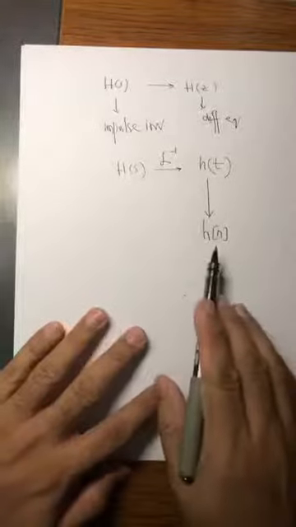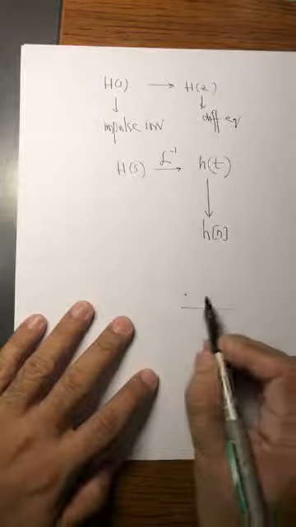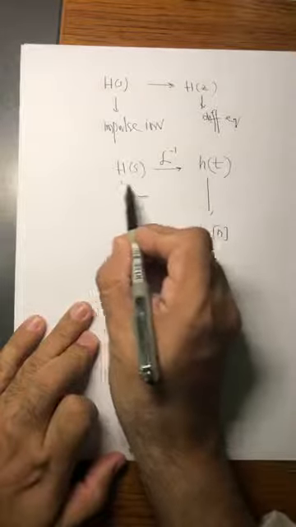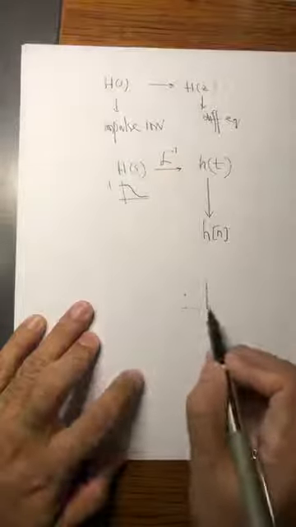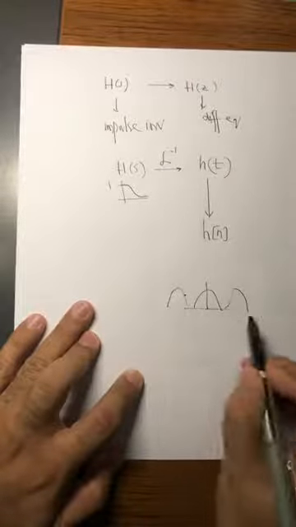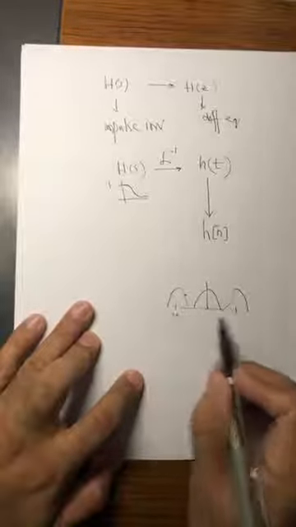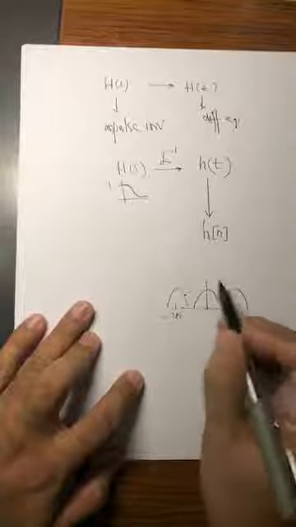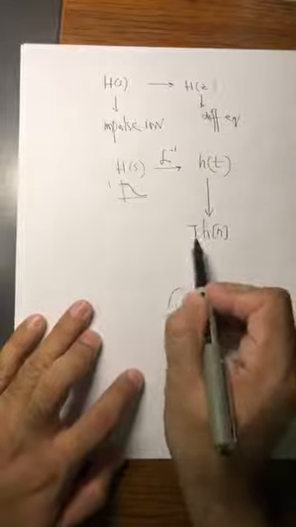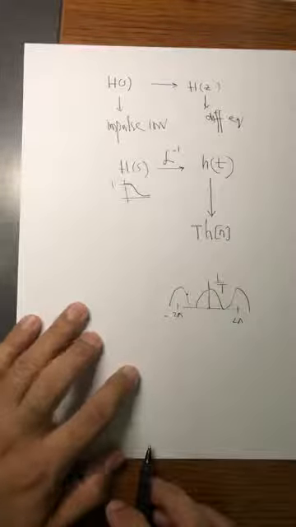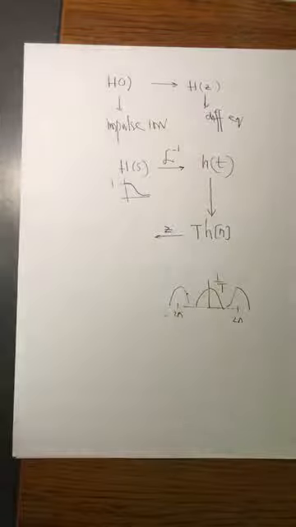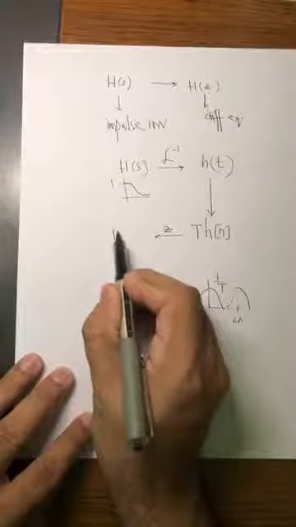Remember, once you sample a signal, the spectrum gets a copy every 2 pi, and its magnitude is reduced to 1 over T, so you multiply it by T. Then you take its Z transform, and you get an h of z.